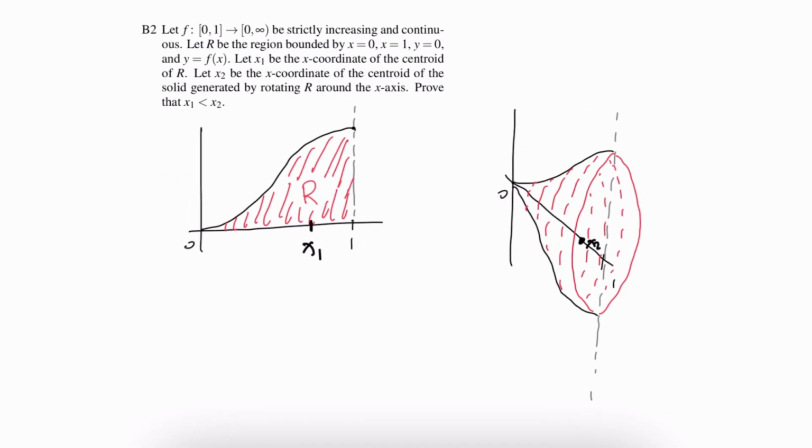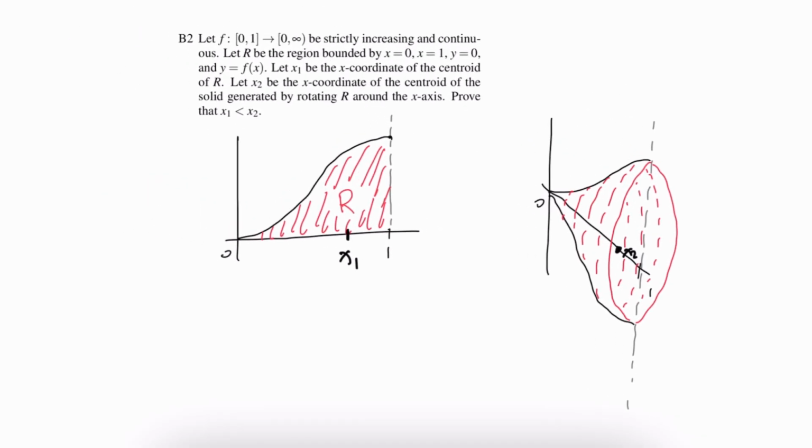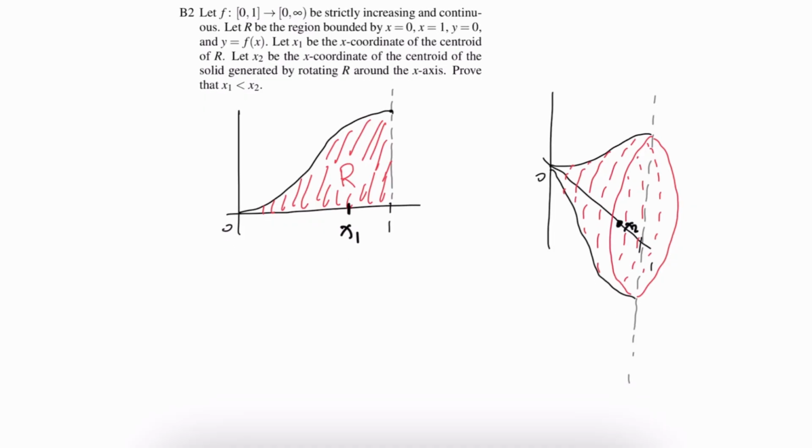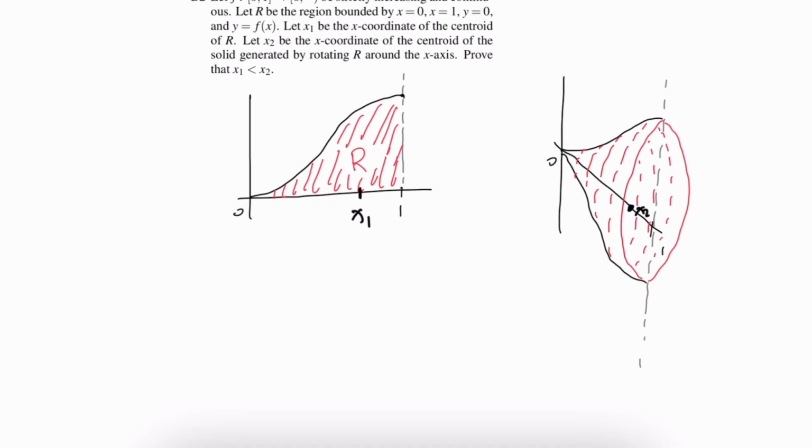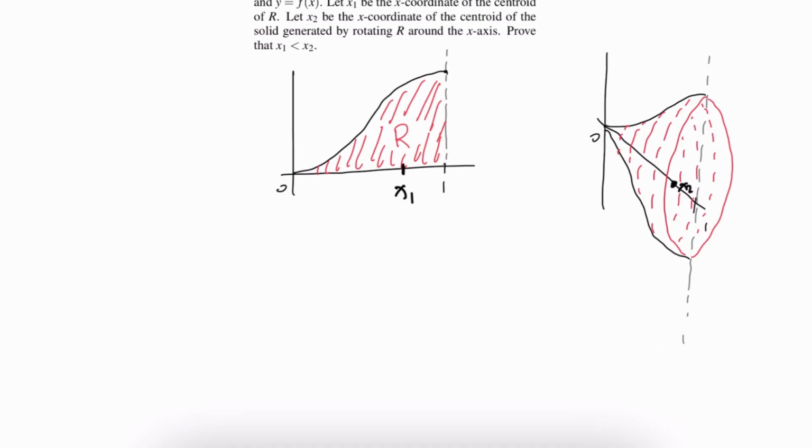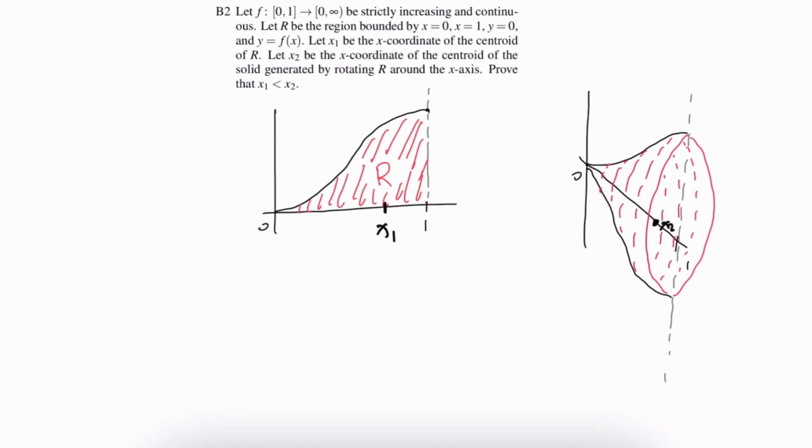To do that, it'd be nice to have a formula for both of them. If you've taken a Calculus 3 or multivariable calculus or physics course, you might remember that the centroid is a weighted average of the shape we're looking at.